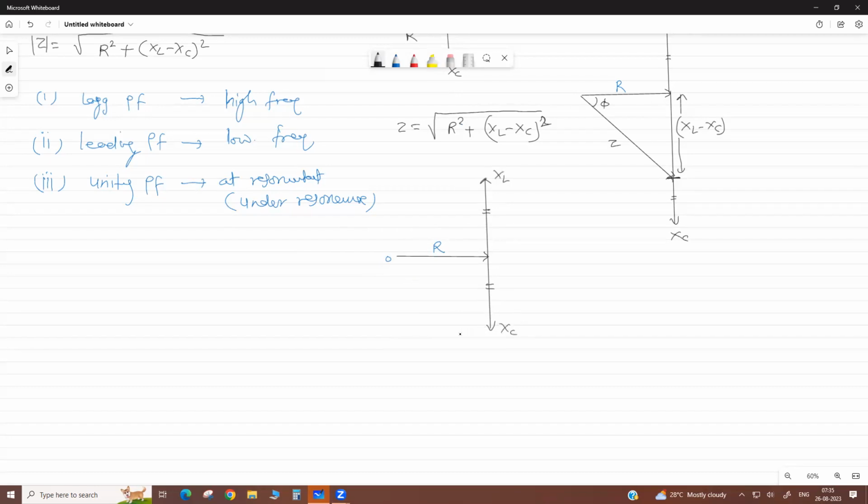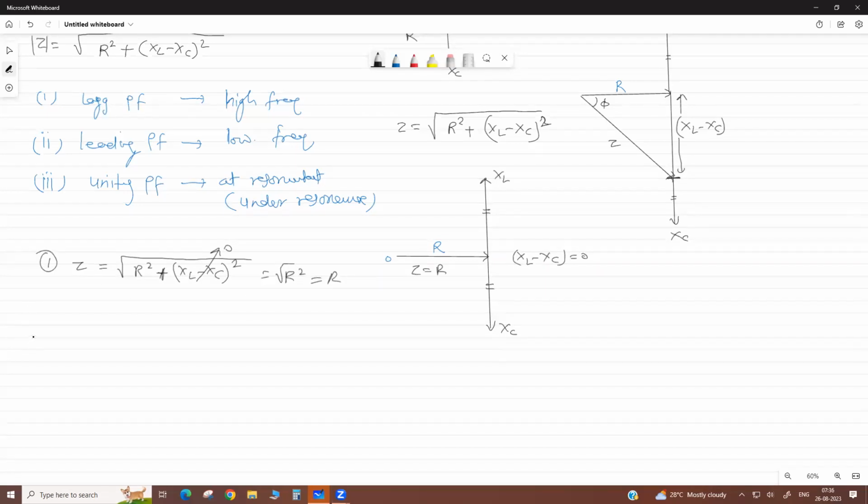It may be possible that both are equal, then your XL minus XC is 0, meaning the difference is 0. Then Z equals R only in that case, because under this condition Z, the total impedance, is the square root of R square plus XL minus XC whole square. This is 0. If this is 0, then under the root it is R square, it means it is R only.